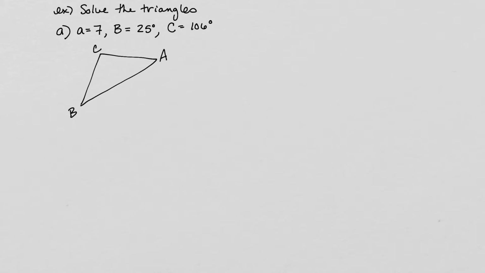They told me that side a, remember side little a is across from capital A, is 7. They told me that capital B is 25 degrees and capital C is 106 degrees. So I need to find capital A. I also need to find little b and little c.